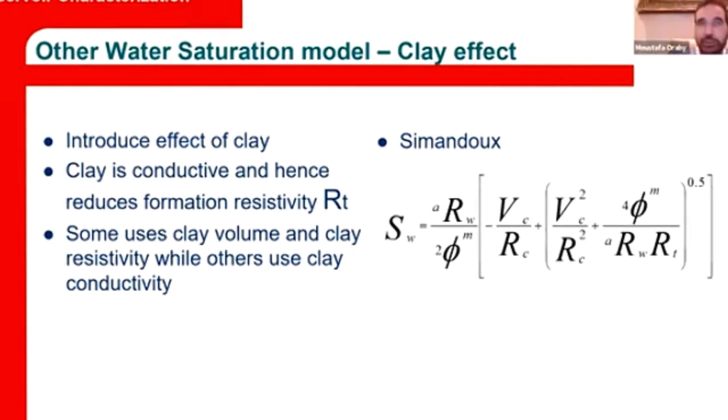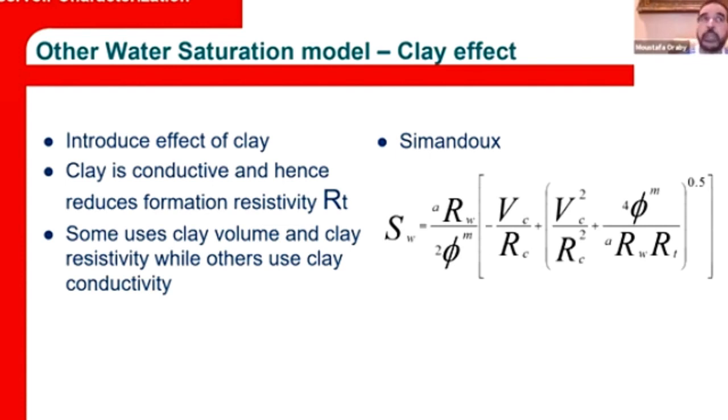Archie was a very small, nice equation that doesn't add anything about the clays. Now, here is my V clay, so the clay volume is included, and here is my R clay, so clay resistivity is included. So Simandoux used the clay volume and the clay resistivity to correct Mr. Archie and get proper water saturation.